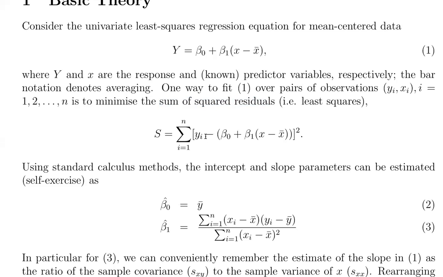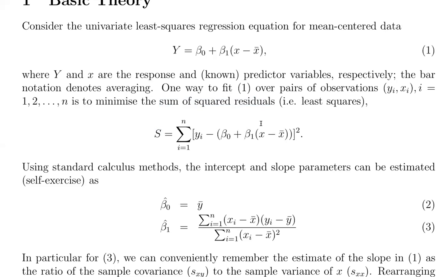So for every observation y of i, you will subtract the model. So yi is your observation, and beta naught plus beta 1 times x minus x bar will be your model value, right? So it's like the deviation between what you observe and the linear model, okay?